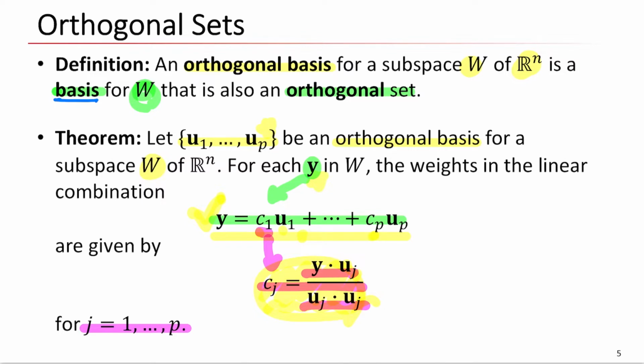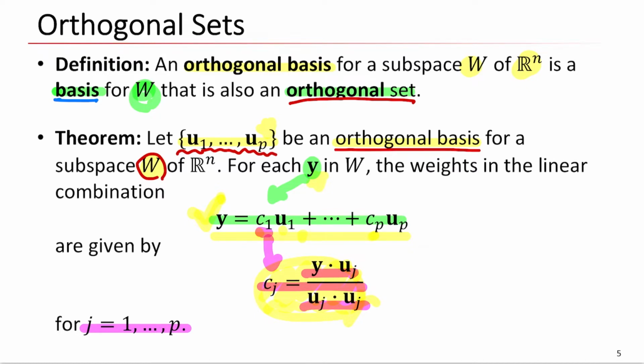Then there's another definition. An orthogonal basis for the subspace W of R^n is a basis for W that is an orthogonal set. So in other words, let the set be an orthogonal basis for the subspace W of R^n.